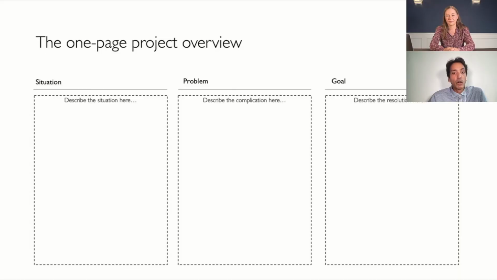So in a certain sense, if you have a situation, this is a more general description, but the problem is the argument why we should do something about it right now. So what is the thing that the sponsor sees that's very important to change right now?